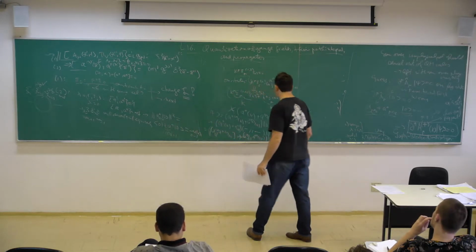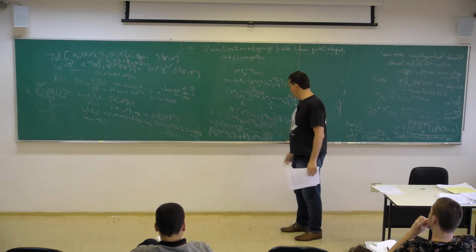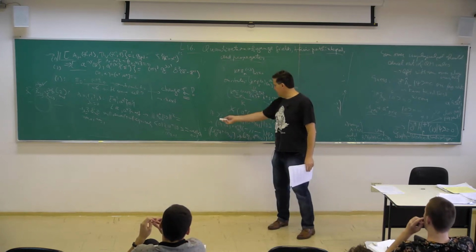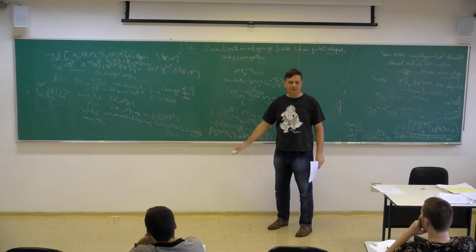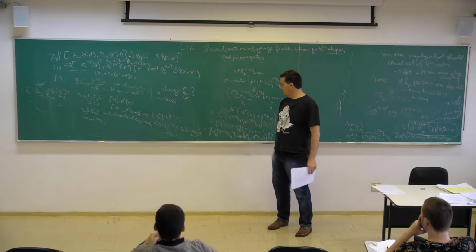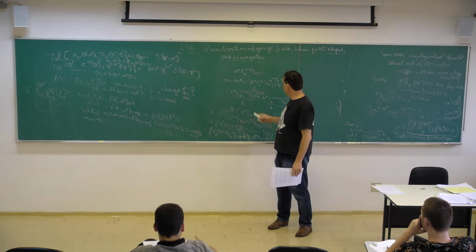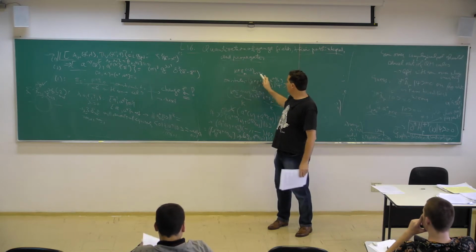Okay? So what did you see here? Well, of course I could have put in here A dagger 1, A dagger 2. The physical modes, that's not a problem. The physical modes never give a problem, right? Because k mu epsilon mu k is equal to 0.